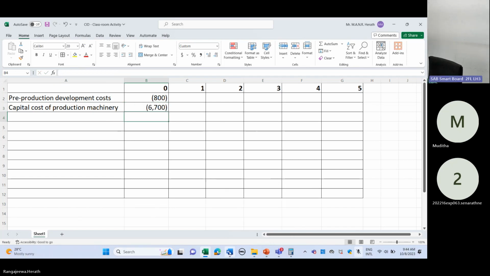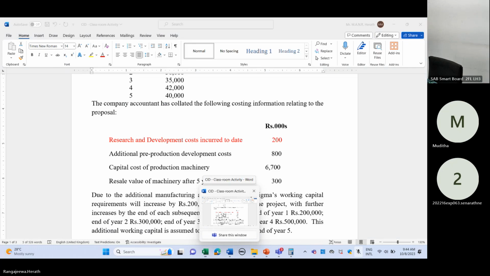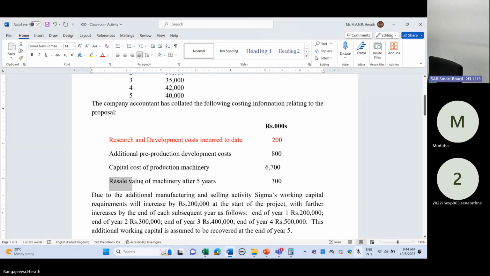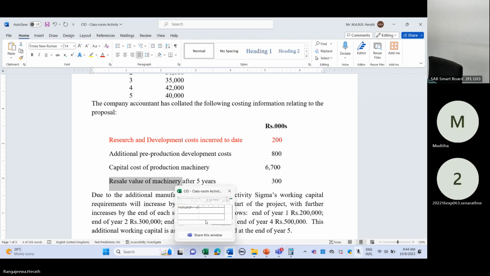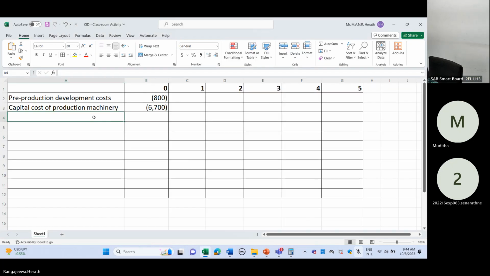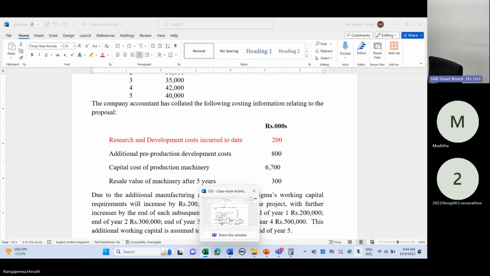Here at 0, cash outflow. Resale value of the machine: after 5 years, we can sell this machine for 300.